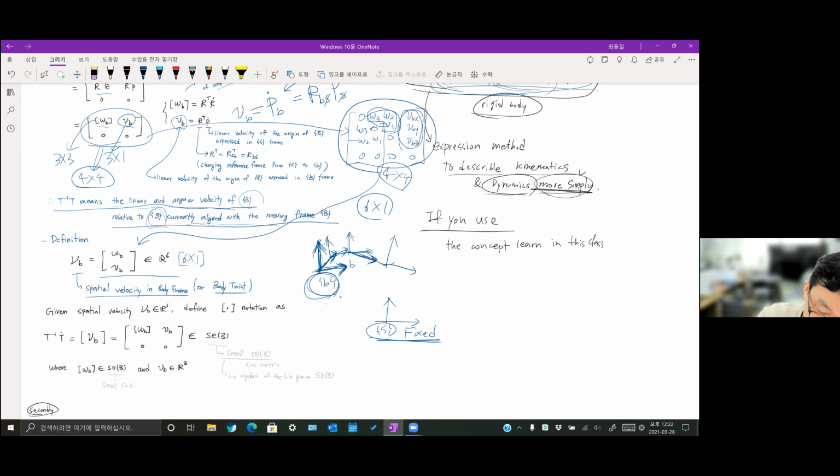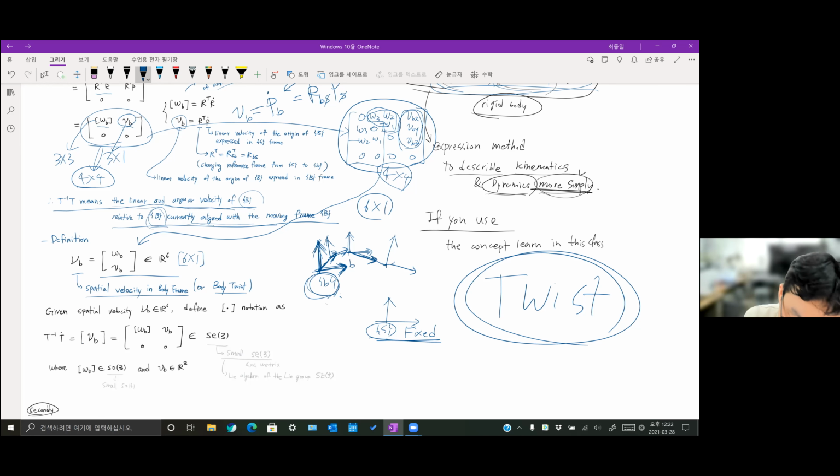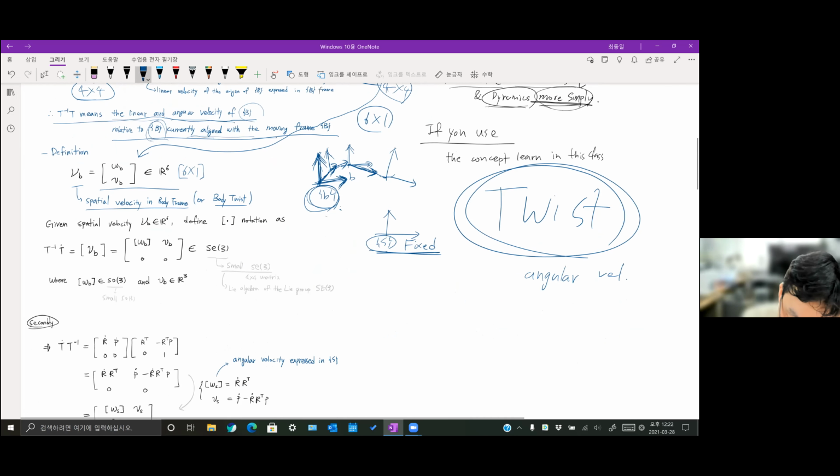Here we firstly introduce twist, and the concept of twist includes angular velocity and linear velocity. So that is the concept of twist. The first three entries of the vector include angular velocity and the last three include linear velocity.